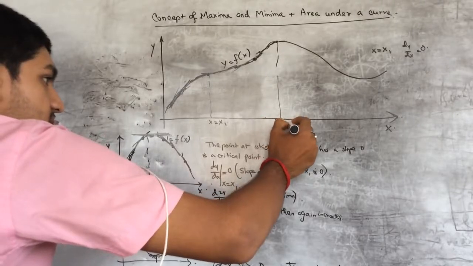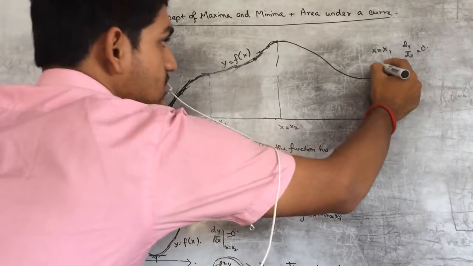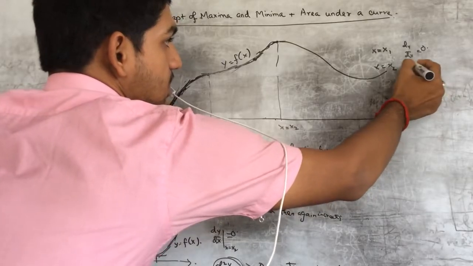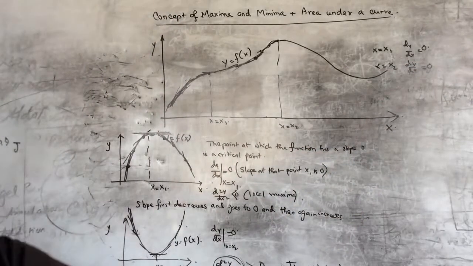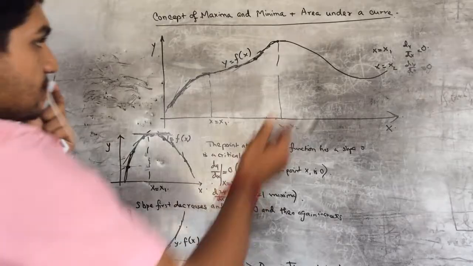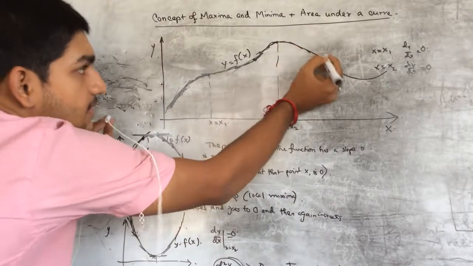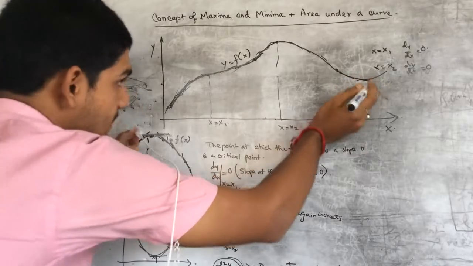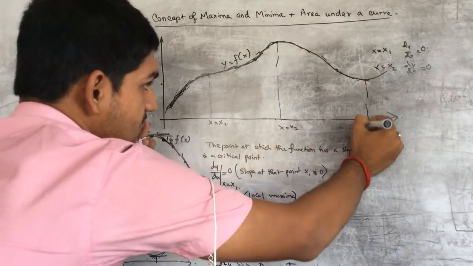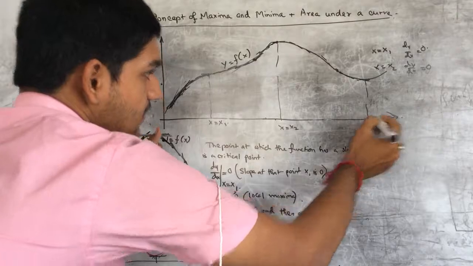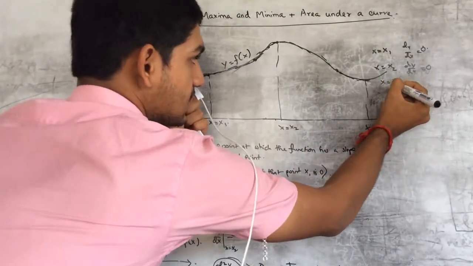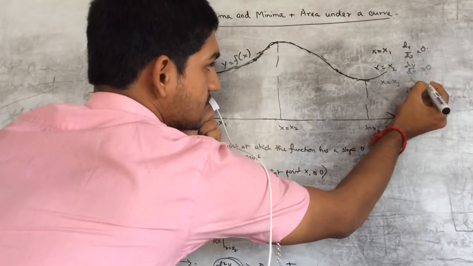Let's say this is x equals x2. So here also dy/dx is 0. So again we see slope is increasing, and again from here slope is decreasing and attaining a slope 0 here at x equals x3. So at x equals x3, dy/dx is also 0.